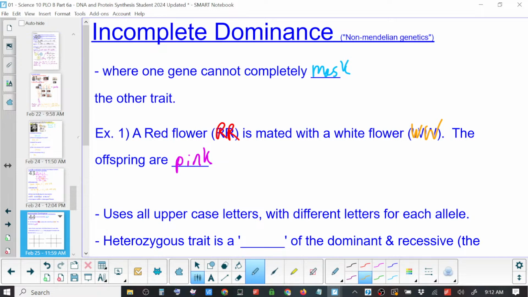They're both uppercase. They're both dominant. What else? They're both homozygous. If we had a dominant and recessive, what would the letters be between the two of them? R, W.